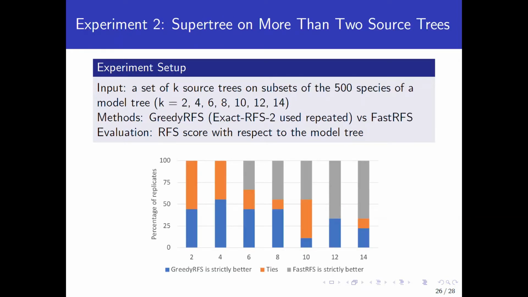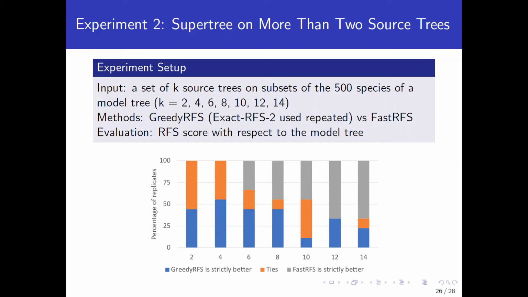In the second experiment, we're given a set of k source trees on subsets of the 500 species of a model tree, where k can vary from 2 to 14. The methods we use here are greedy RFS and fast RFS, where greedy RFS is just using exact RFS2 repeatedly on 2 trees until we're left with only 1 supertree.